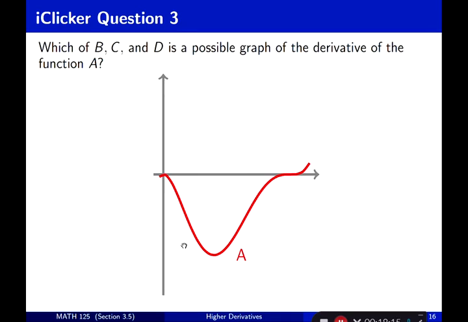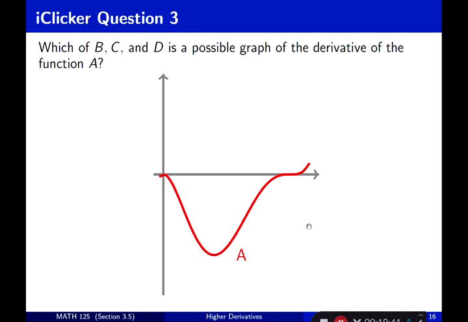The other part to notice is that concavity is upward up to here, and then it becomes downward a little bit, then upward again. So the graph of the derivative should be increasing for a while, and then somewhere here it starts decreasing and then starts increasing again.